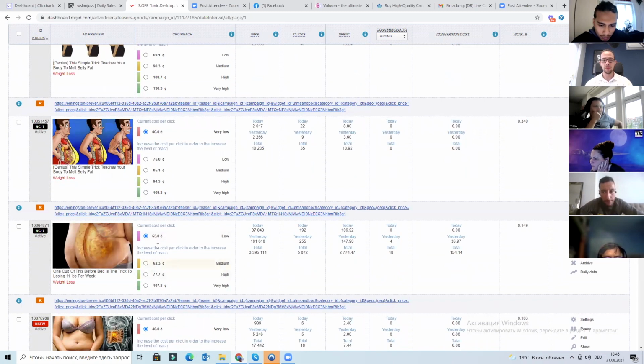Which kind of bid do I need to start with? 55, like my control, or do I really need to start at 20% of the bid what MGID suggested, which would be 5 or 7 cents?